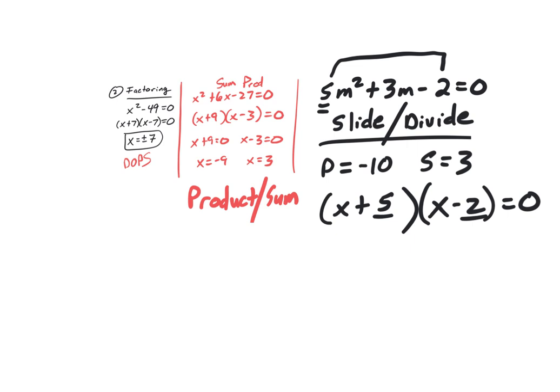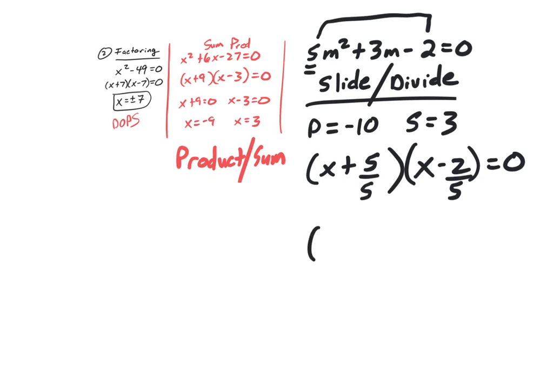What we have to put right here is our leading coefficient. Our leading coefficient here is 5, and that's why I underlined this at the beginning. That's the difference here. We have to divide both of those factors by that leading coefficient. If it reduces, we can simply reduce it.